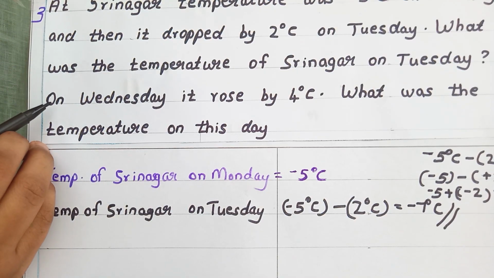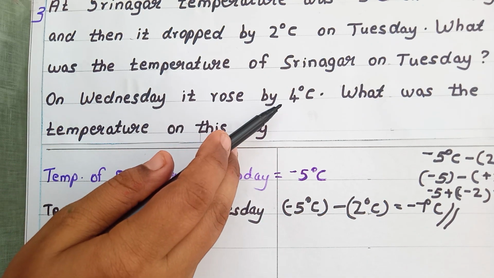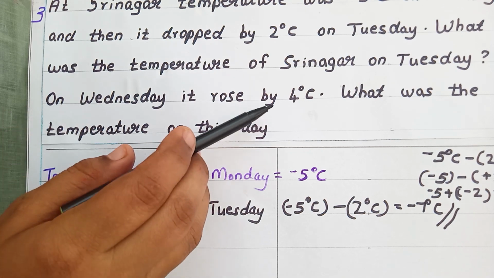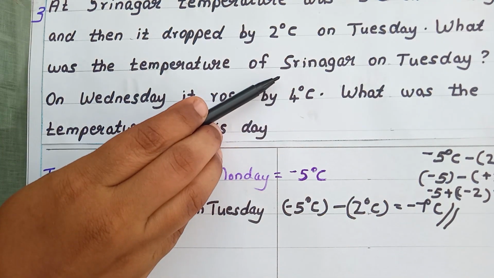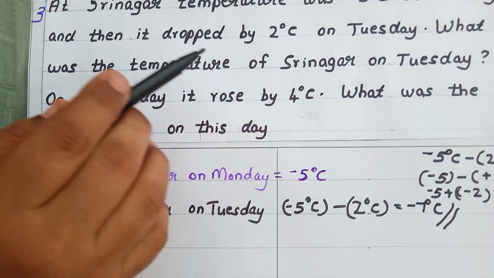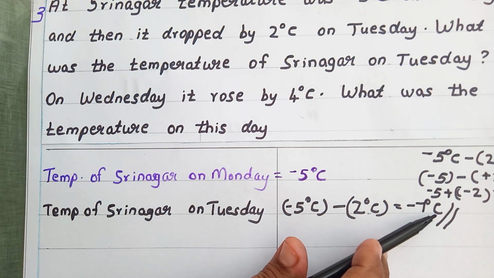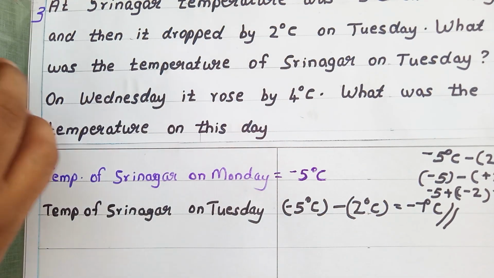Next, we are required to find the temperature on Wednesday. How can we find? Because the temperature on Wednesday rose by 4 degrees Celsius. So, from -7 degrees Celsius, it rose by 4 degrees Celsius.